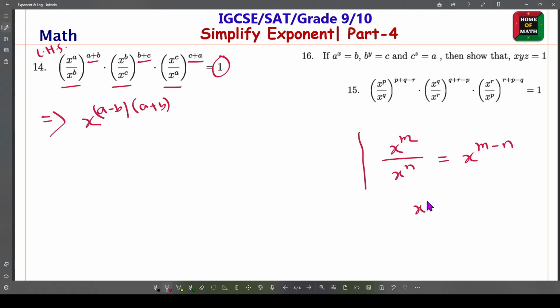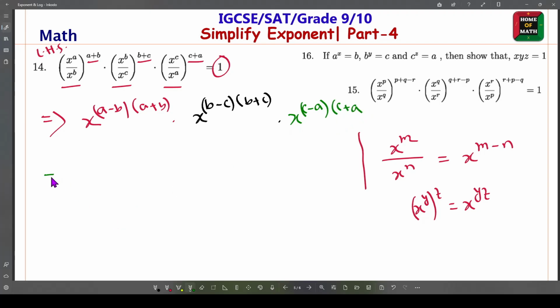Look, x to the power y whole to the power z, we can write as x to the power yz. Times this one also similarly, we can write x to the power b minus c times b plus c, times again this one x to the power c minus a times c plus a.